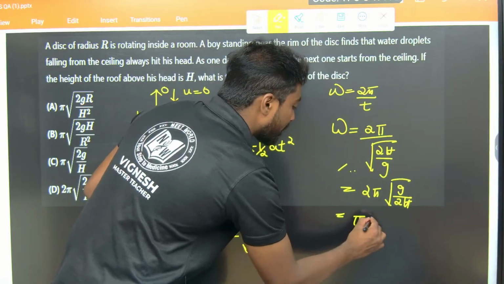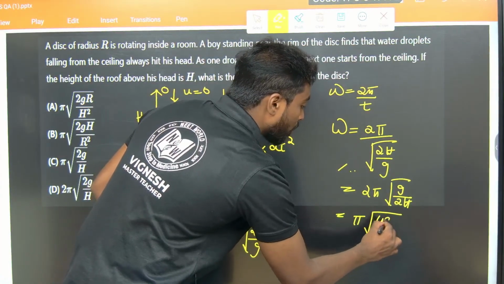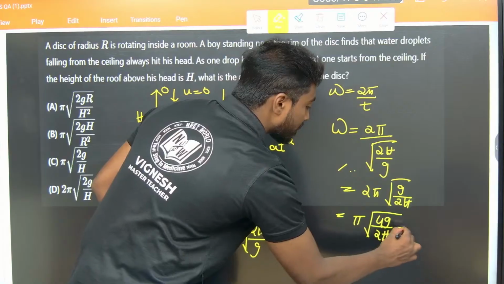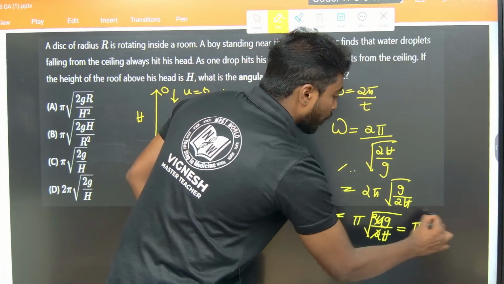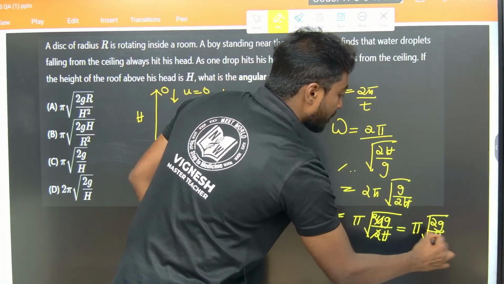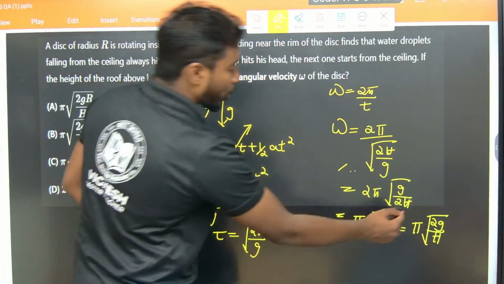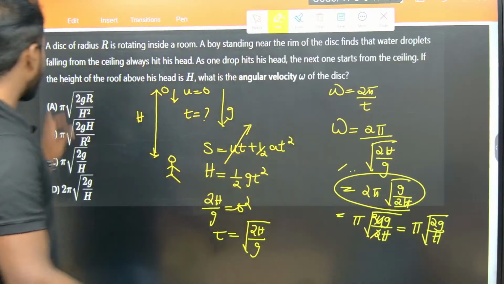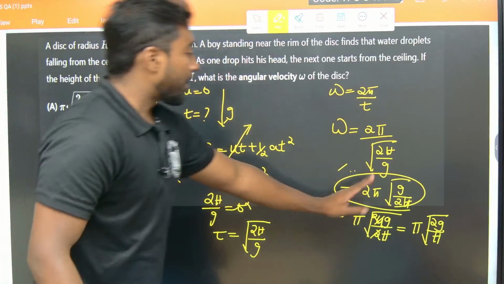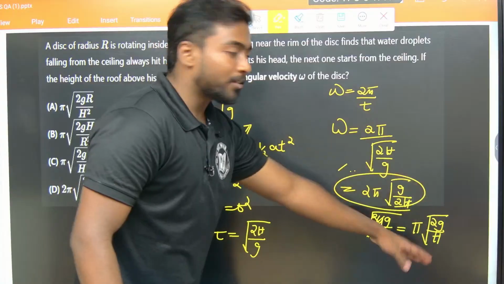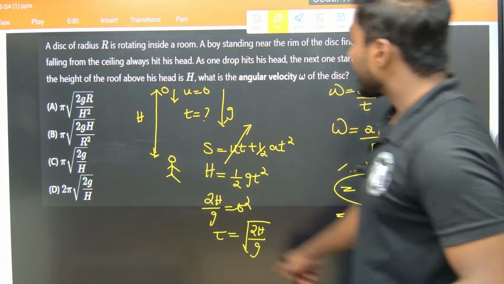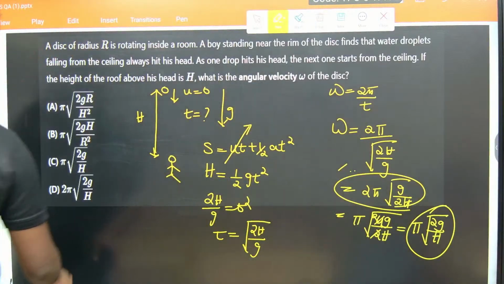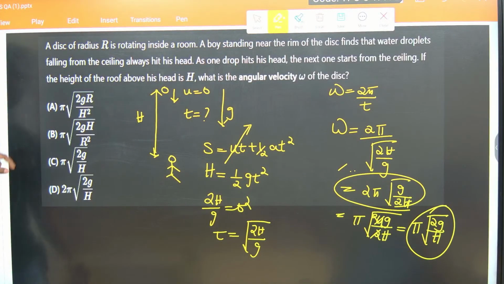So pi into root over 4g by 2h, which is nothing but pi root over 2g by h. Either I can stop up to here if the value is given, and I can mark the answer. Otherwise, I need to substitute once again. So pi into root over 2g by h. Option C is the correct answer.